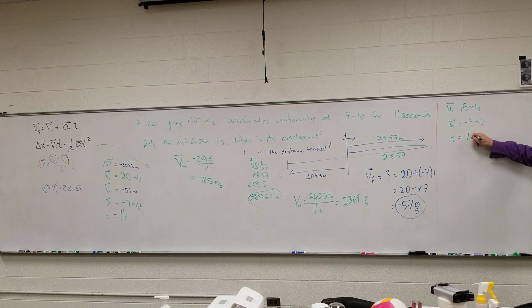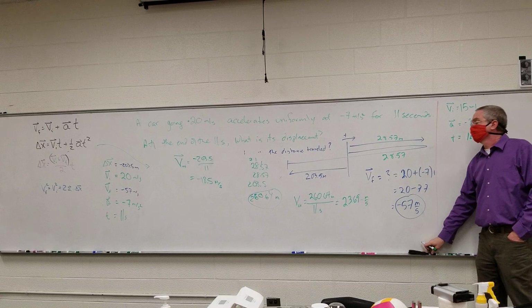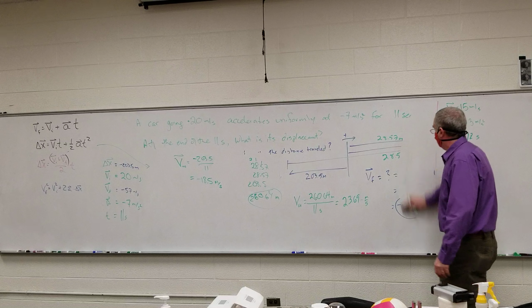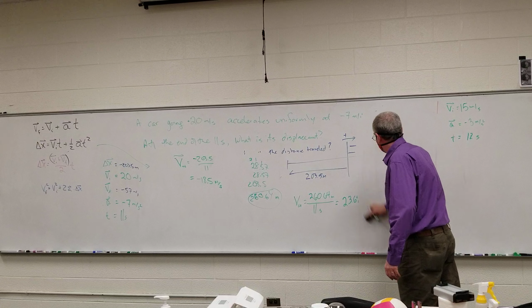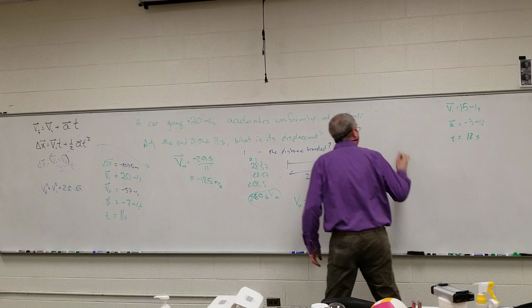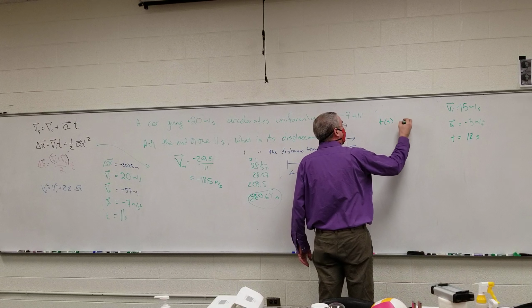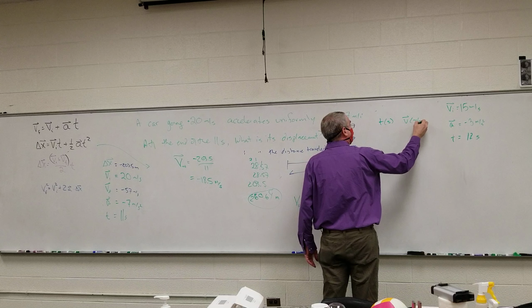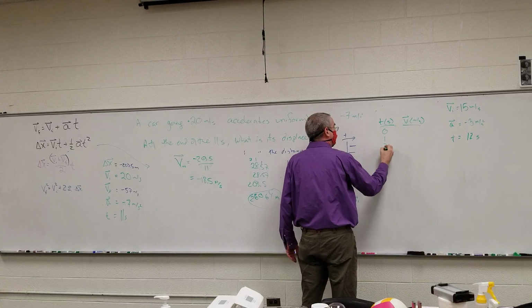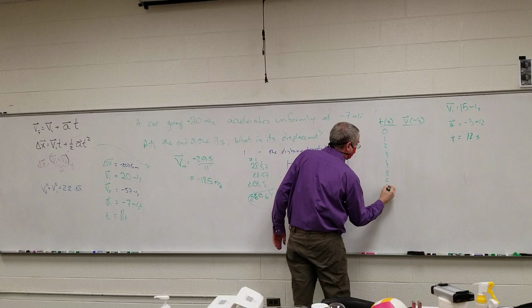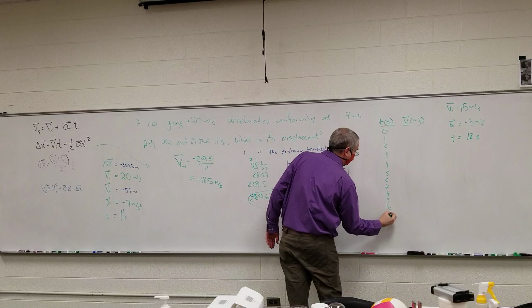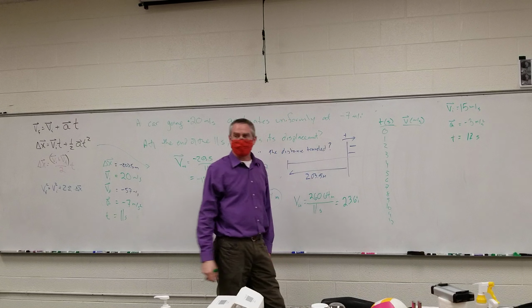Actually, 12 seconds. So time in seconds and velocity in meters per second. So we have 0, 1, 2, 3, 4, 5, 6, 7, 8, 9, 10, 11, 12. The problem's gonna last 12 seconds.